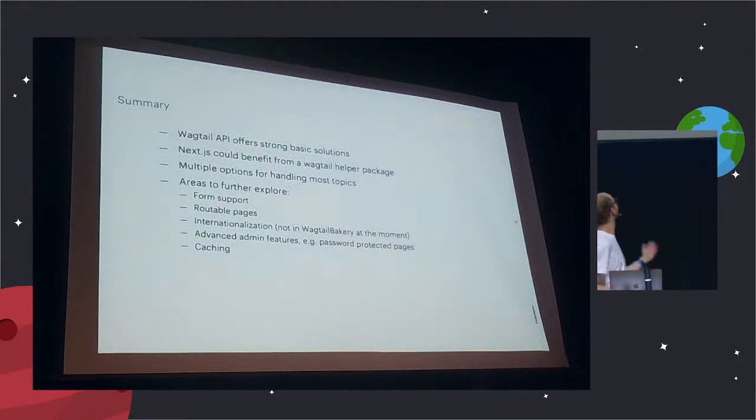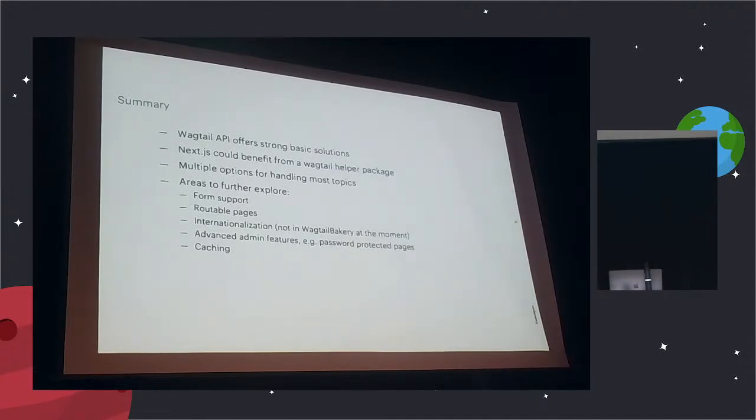Okay, so to summarize, I think the Wagtail API is already pretty good, and it needs some minor tweaks for a little bit better support, like maybe basic rendition field support for stream field blocks and rich text conversion for stream field blocks, stuff like that.